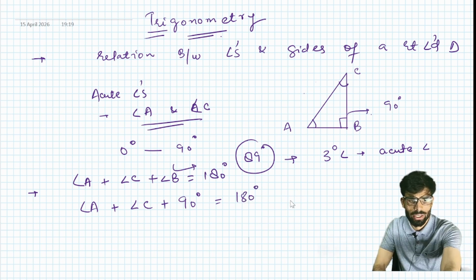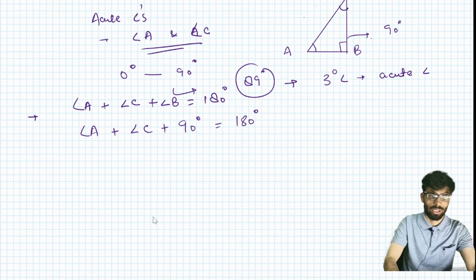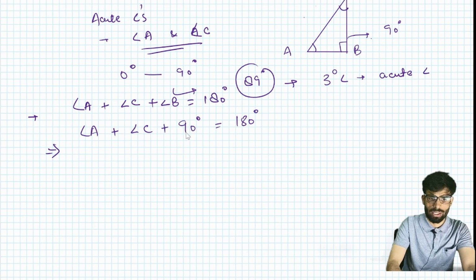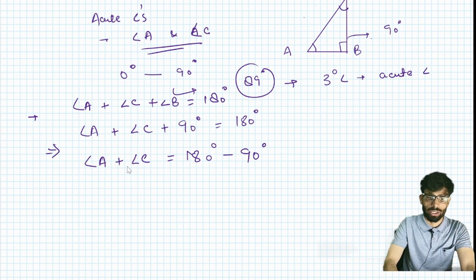All right. Doing here a basic mathematics, that is transposing this 90 degree. Angle A plus angle C will be equal to 180 degree minus 90 degree. Okay. Angle A plus angle C equals 90 degree.